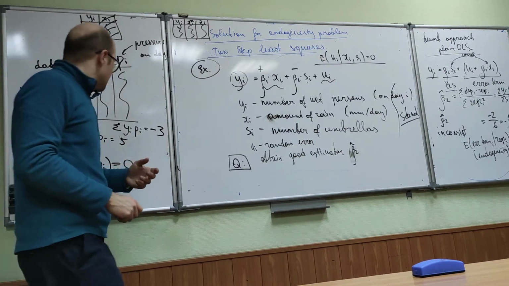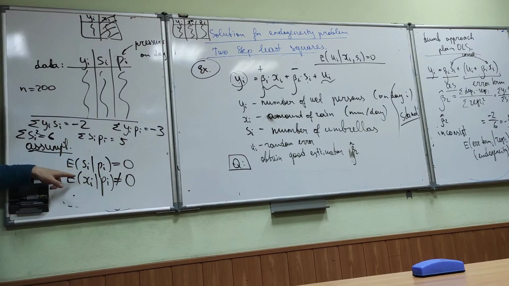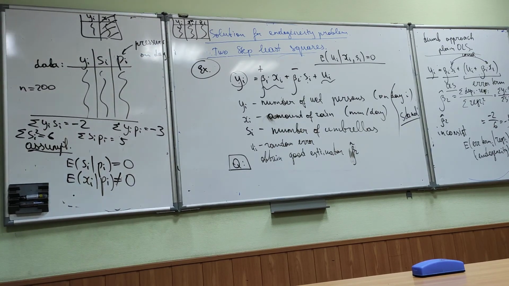So that's why P is a bad instrument. We need a very strange variable that is correlated with the number of umbrellas, but not correlated with rain.